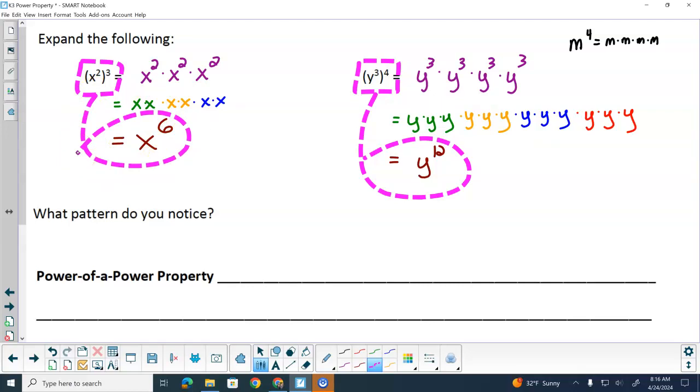Multiply the two numbers. And what position are those two numbers in? Are they the base or are they the exponent? Yep. So the pattern is that we multiply the exponents, right? Will, is that what you were going to say too? Yeah.